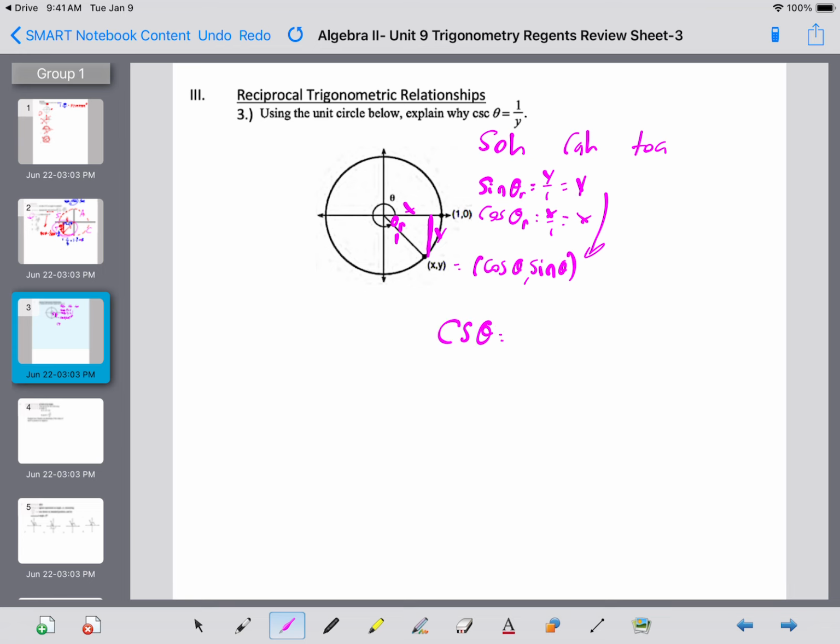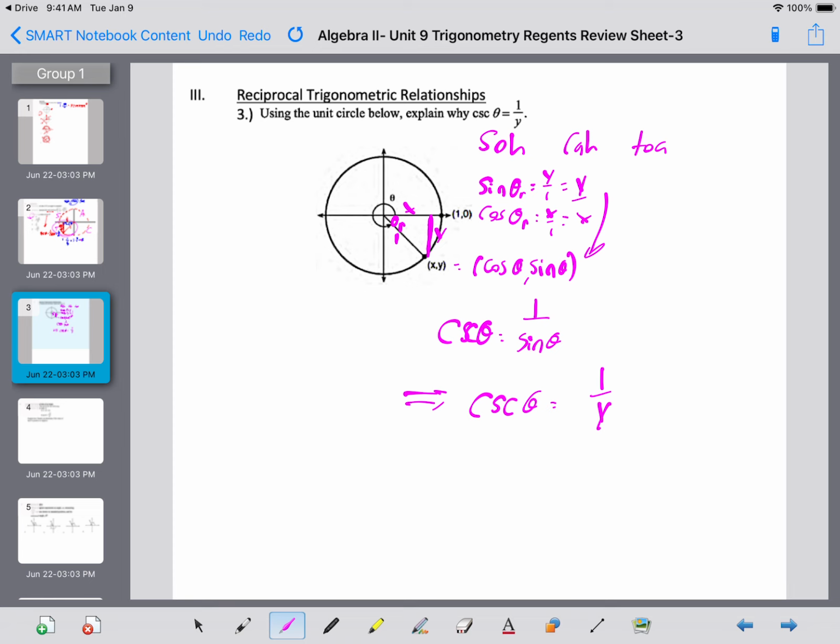Cosecant theta equals 1 over sine. And we just said that sine is y, so you could just replace that. So that indicates that cosecant theta equals 1 over y.